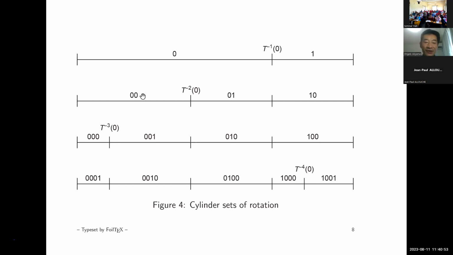Okay. So if you are starting from this point, the next state is surely 0. If you start from here, then after the rotation by this amount, you are somewhere here, but never going to 1. So you surely receive 0, 0.